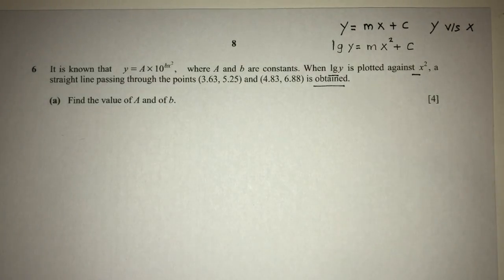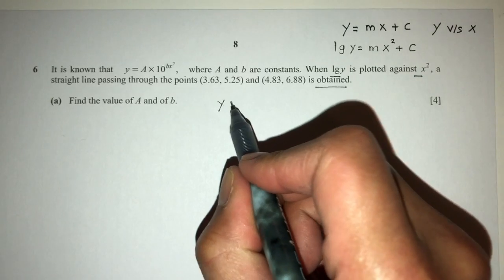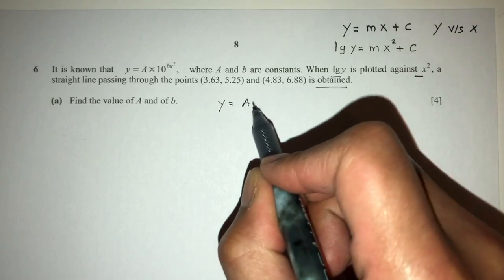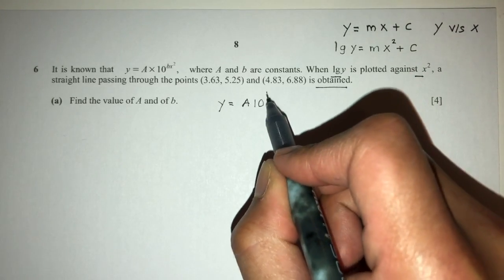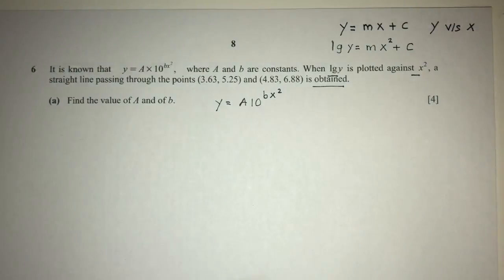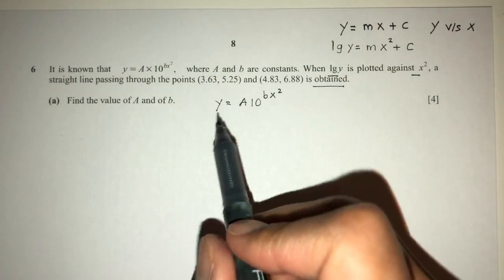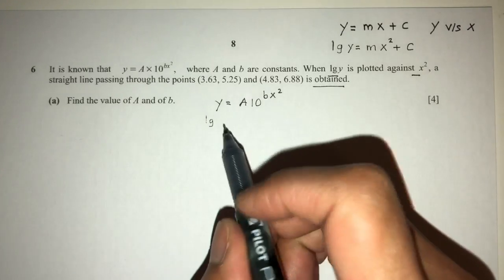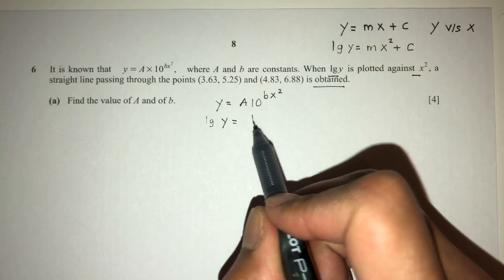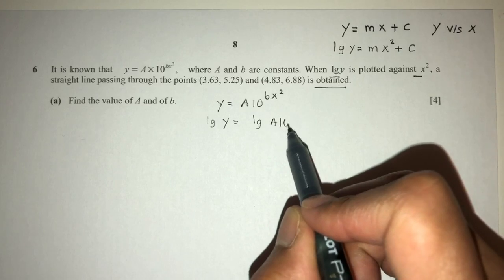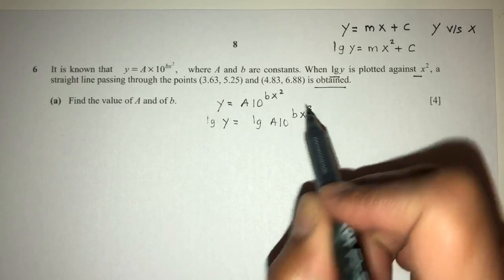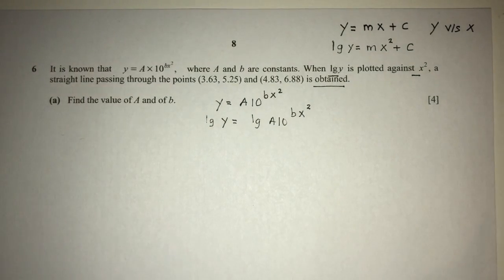So let's do that. So we have y equal to a times 10 power bx squared. So to obtain log y, we have to apply log on both sides. That's the logic, right? Okay, so now we have to simplify. So let's see what we can do.